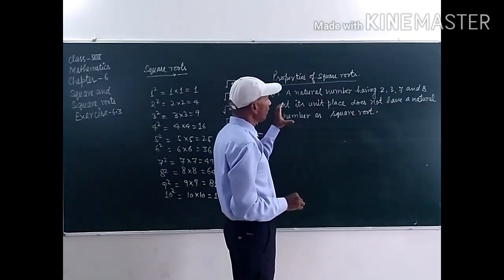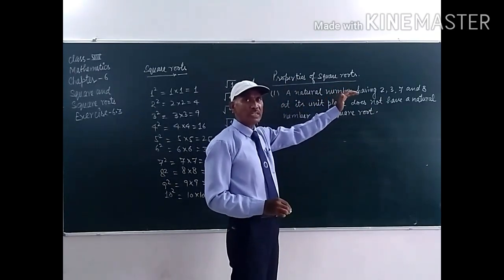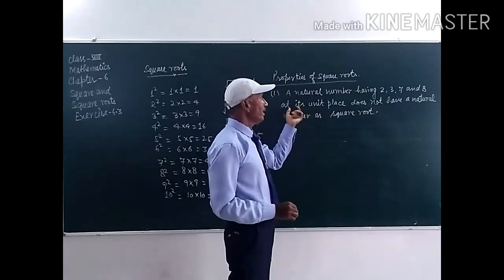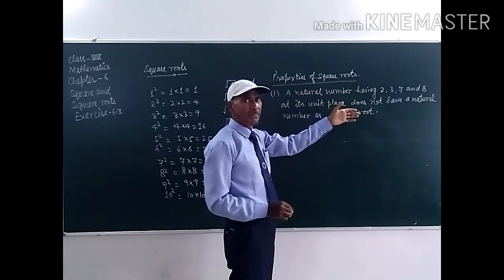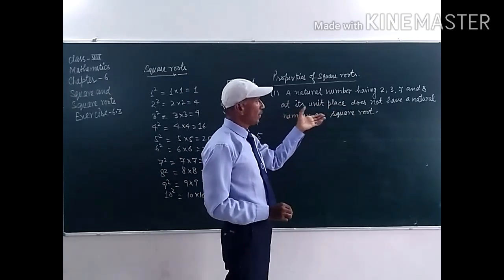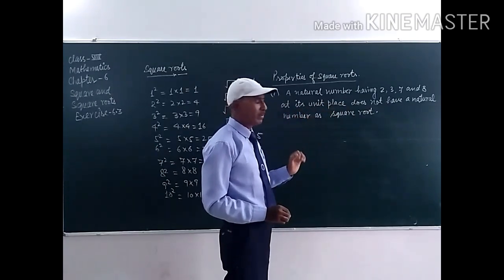Clear, student? If a number ends with 2, 3, 7 or 8, it does not have a natural number as its square root.